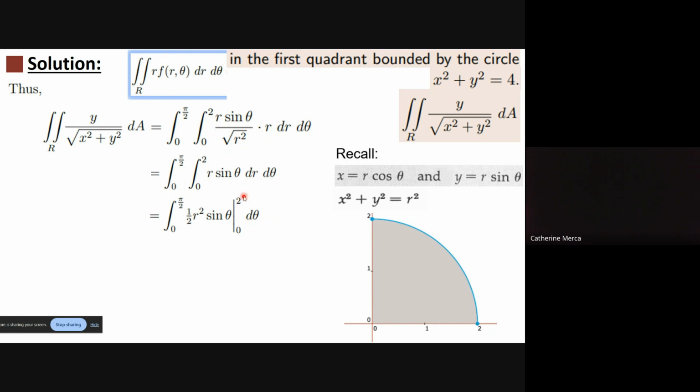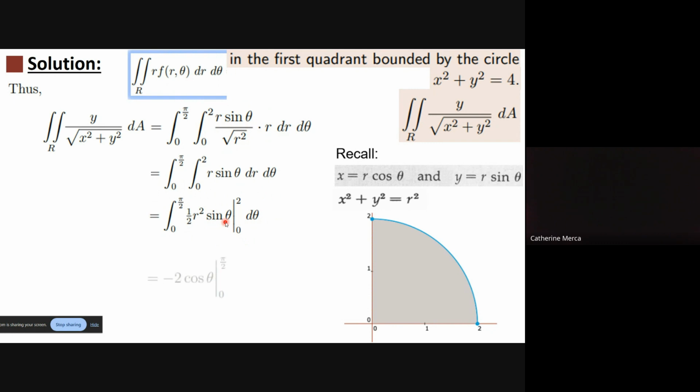But then, remember that after evaluating the upper limit minus lower limit, you still have to evaluate with respect to theta again. Integral of sine theta is negative cosine theta.